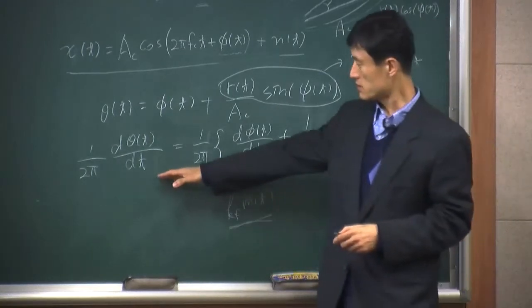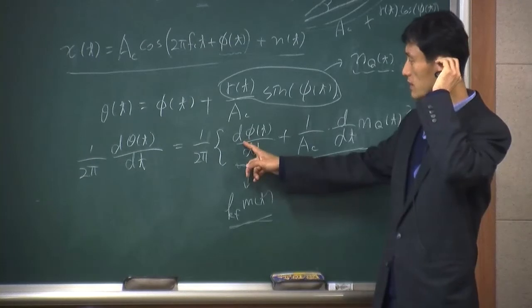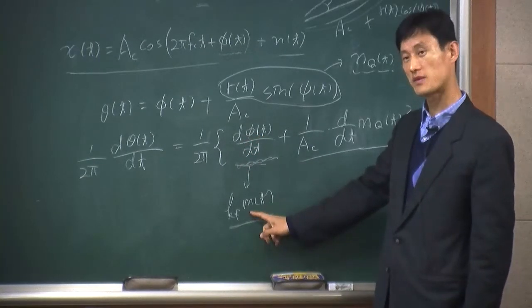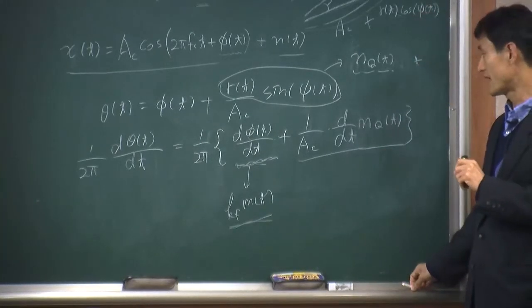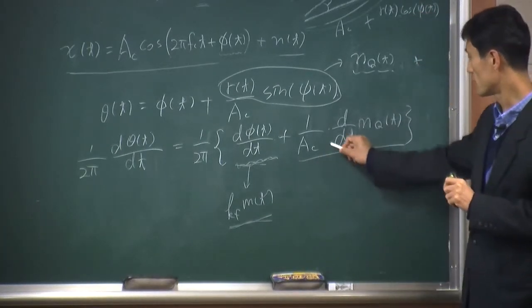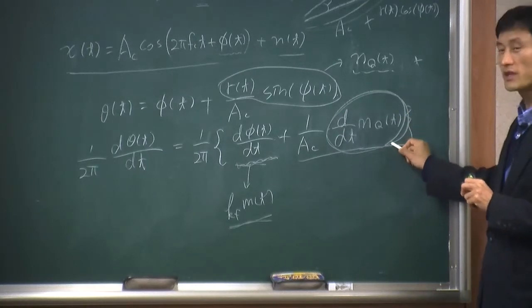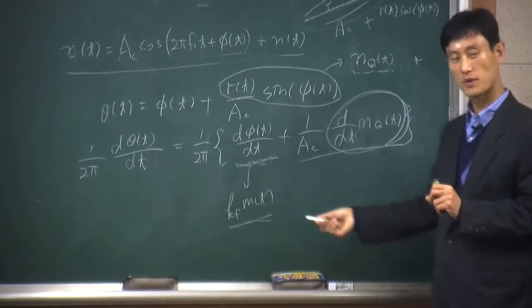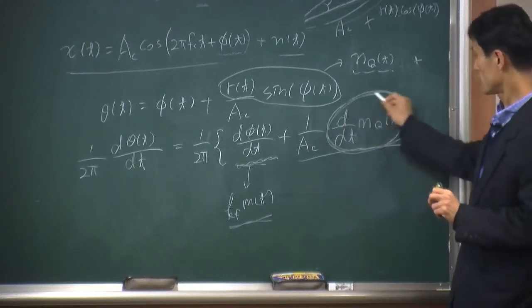So in this equation, we know that the time derivative of the signal part is k_f m(t). We know this part. What we don't know yet is this one. This is the only thing we don't know yet, so this is our concern right now.